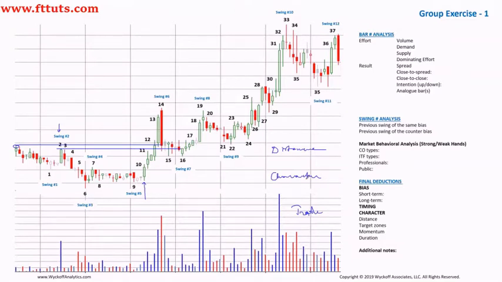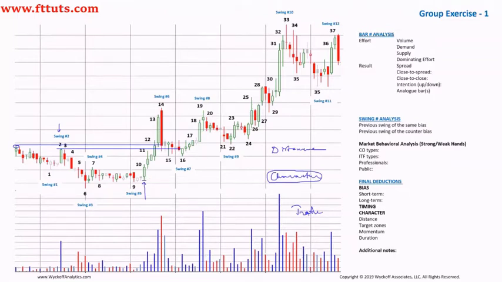And this is an important question because it talks a lot about the character of the potential move. I think it would overcome resistance just because of the size of the bar, the demand. Okay, okay. How would we be thinking about this? This is a very interesting question, guys, and this is how we go more and more into the details of this material.